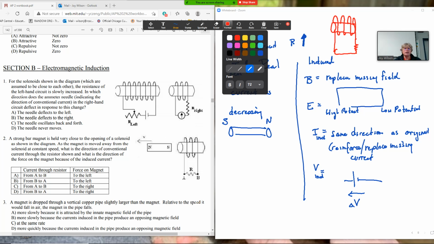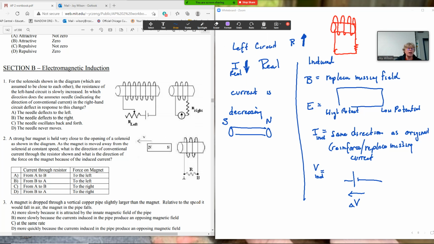So what we get is the right-hand circuit now acts like there's a brand new battery here. And the current goes up on the back, down on the front, through the resistor and back home.